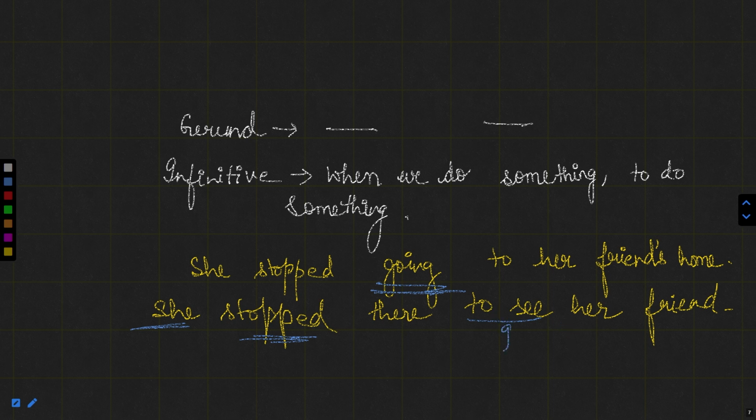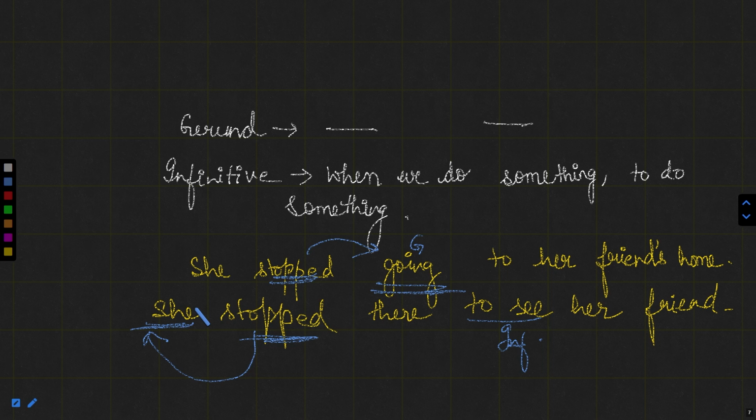So this is infinitive. Now here we can see that after stop we have used infinitive, whereas in this case we have stopped going. So after stopped we are using gerund over here. Now in both the sentences the meaning of stopped is changed. Here stopped is used for going and here stopped is used for her. In the second sentence, what has been stopped? She. It means maybe she was walking and she stopped over there.